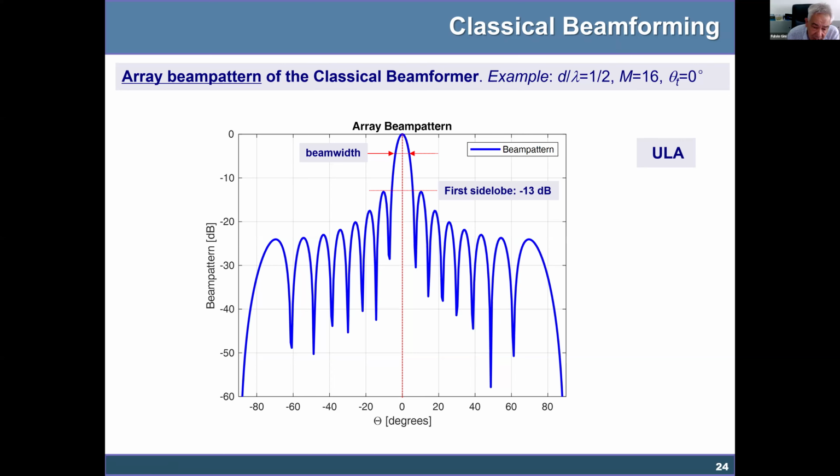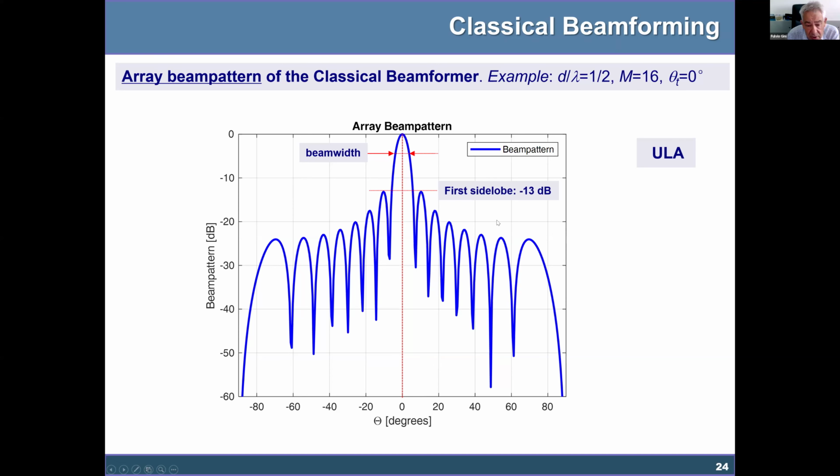So in other words, weak targets can be masked, so covered by the side lobes of strong targets.